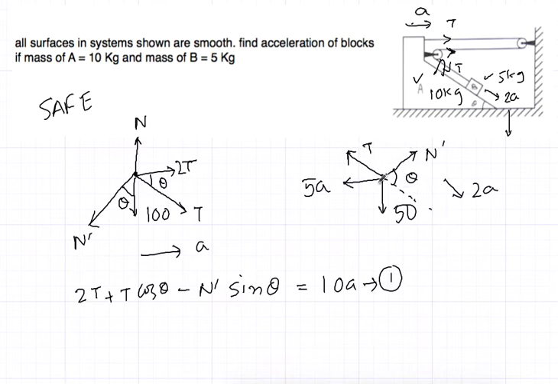So come to this body. This body is moving in this direction with respect to the non-inertial frame. So what we'll get, this is 90 degrees minus theta, so 50 sin theta, and minus T, because this is going in the opposite direction. Just a moment, this is not theta.